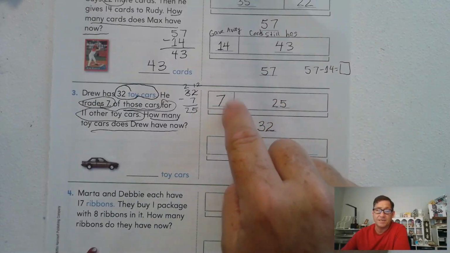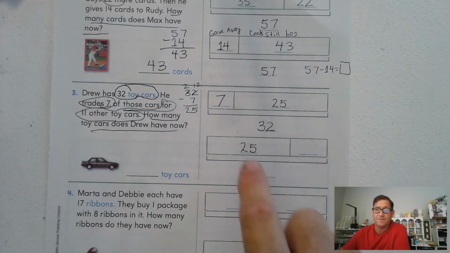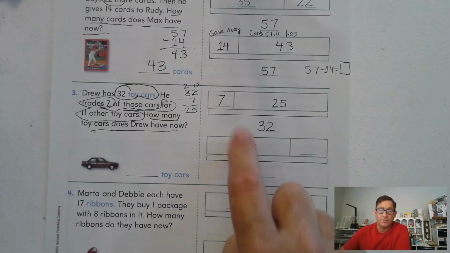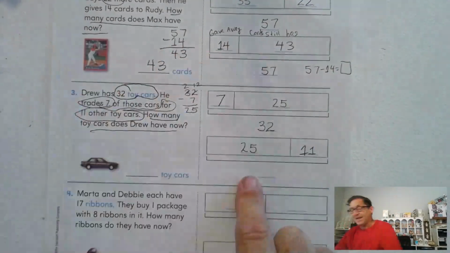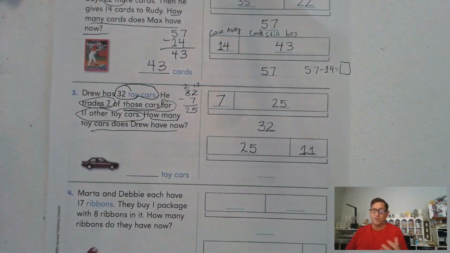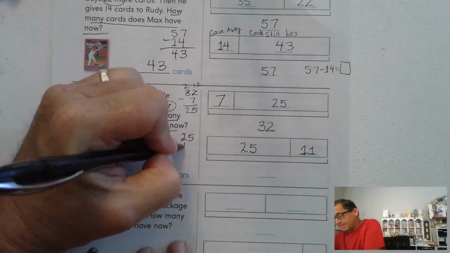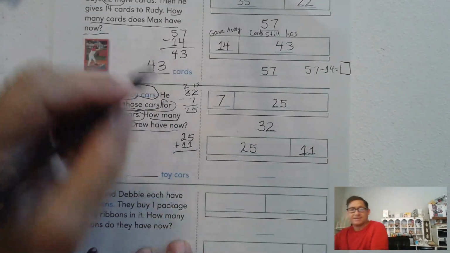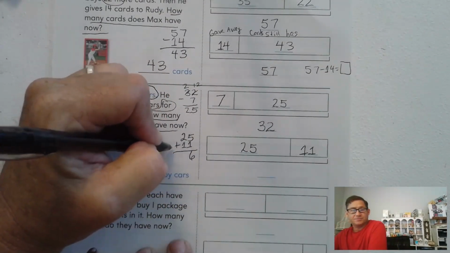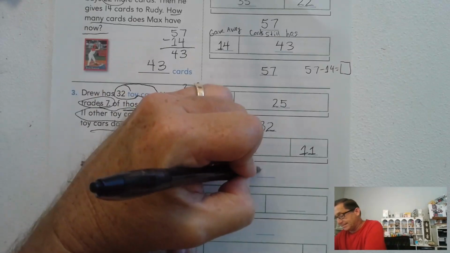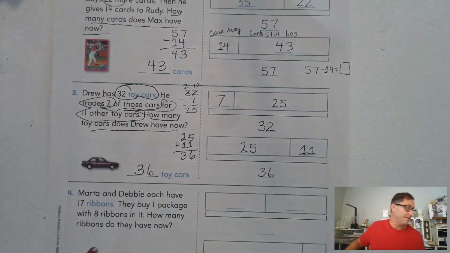That's what we were finding out. He traded 7, leaving him 25. But in return for those 7, he actually got 11. So how many does he have now? He has 25 plus the amount that he received back when he traded. 5 plus 1 is 6. 2 tens plus 1 ten is 3 tens. So he has 36 toy cars now.